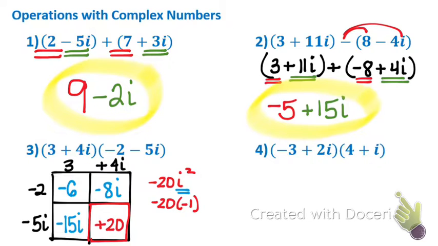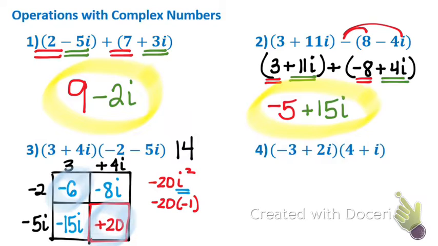So when you combine your like terms, start with your real numbers first. So I'm going to start off with these two. Negative 6 and 20. When you add that together, you get positive 14. And then we're going to add together the imaginary.